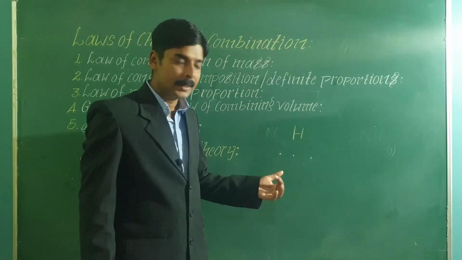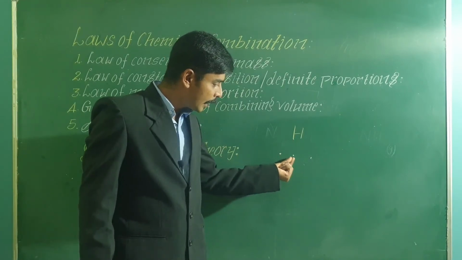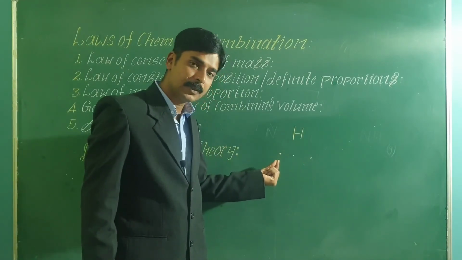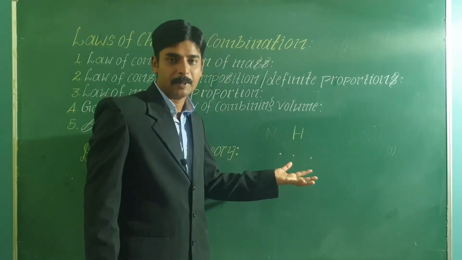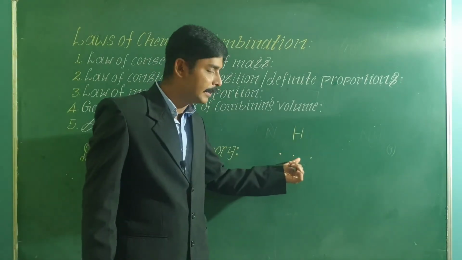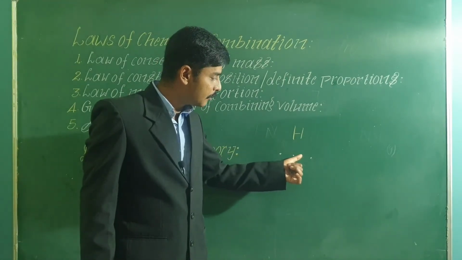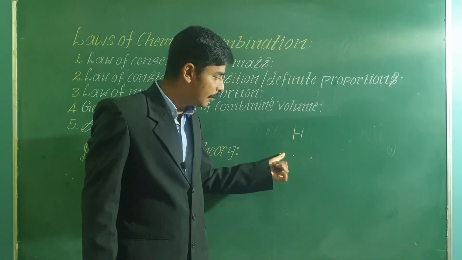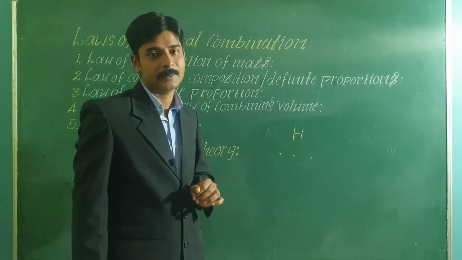That is, if you take the atoms of the same element, all these atoms will have the same shape, the same size and the same chemical properties. That is, they are identical in properties. What is the third postulate? Atoms of a given element are identical in properties.